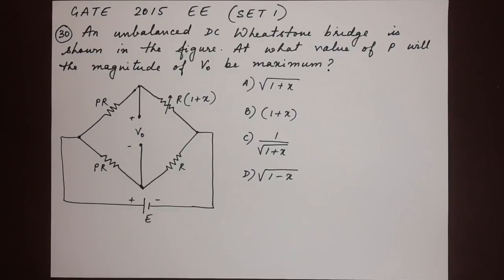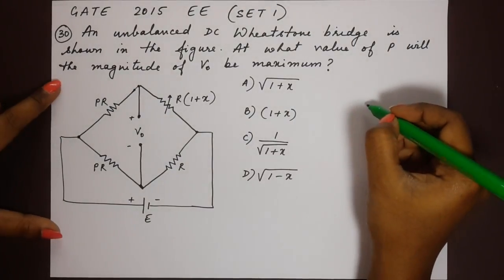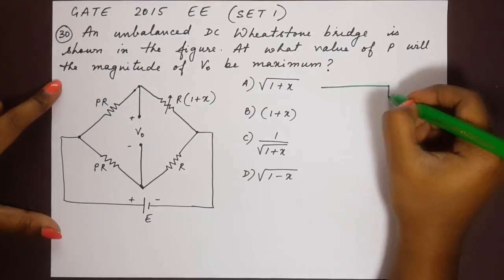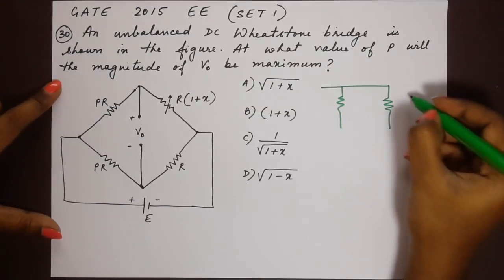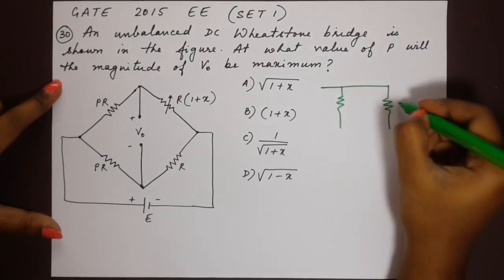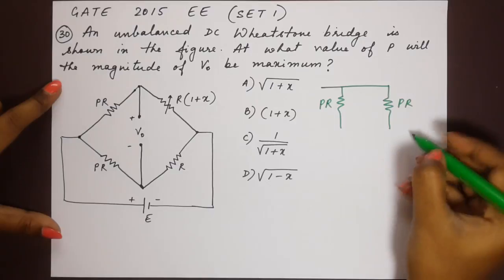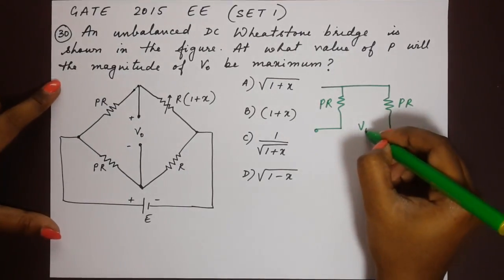So to solve this, let's first redraw the Wheatstone bridge given to us. We can redraw it in the form of an equivalent circuit like so. We have PR and PR, these two resistances here, and here are the terminals for V0.